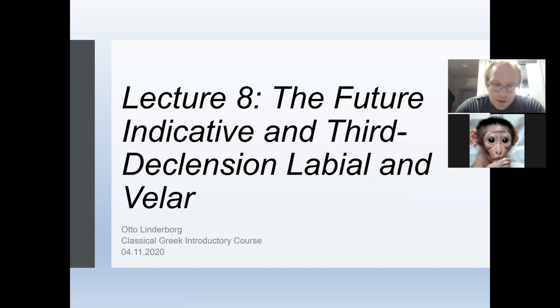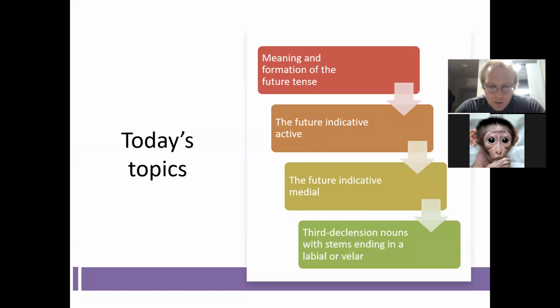Okay, so we reached lecture 8 now, in this introductory course to classical Greek. And today we are introduced to a new tense, which is the future. And we begin digging into the third declension nouns as well.